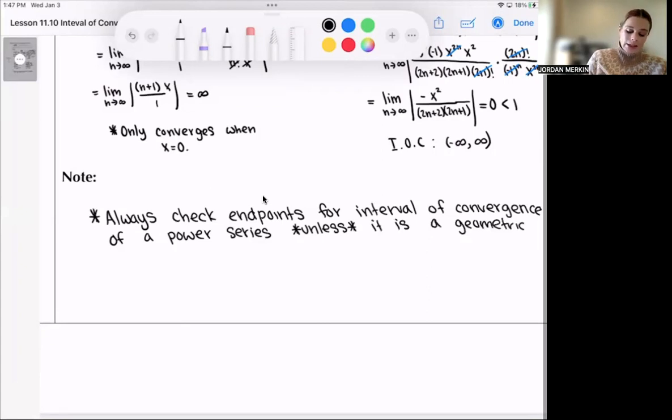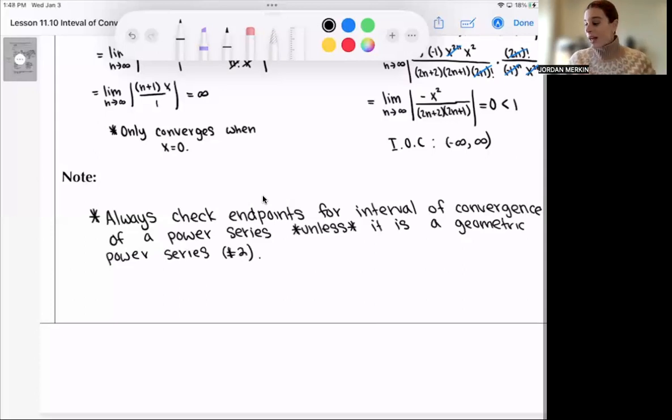And that's like what we had in example 2. You actually don't need to use ratio tests to find the interval of convergence for a geometric power series. You can just use the fact that the absolute value of r must be less than 1.